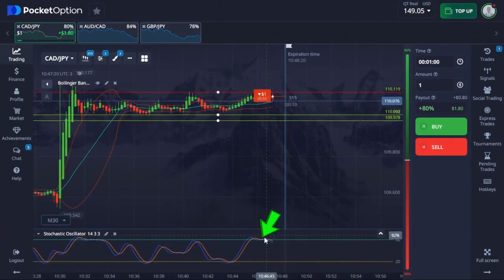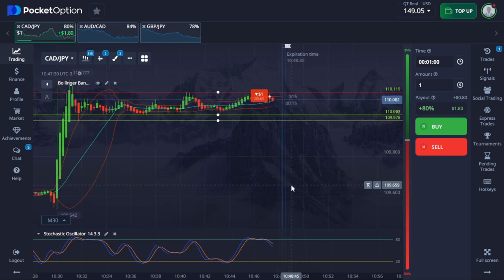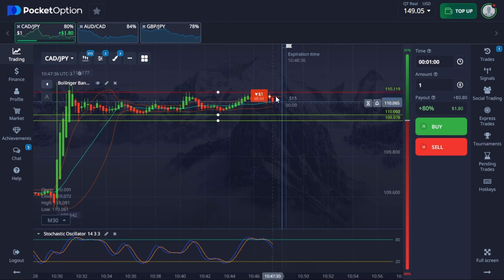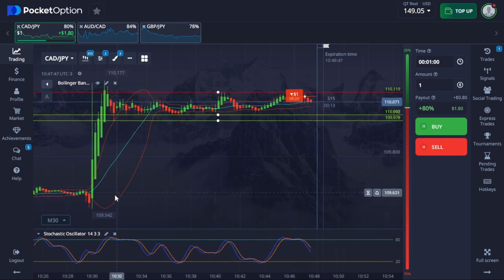Right here we have a good point, because I'm just showing this for you right now. I'm trying to use $1 just to show you. That is a good example. We have all the good points for this: the Bollinger Bands line and the Stochastic oscillator.